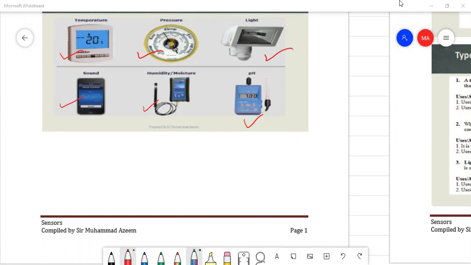Yes, to detect the humidity, or in chemical laboratories, in order to check the level of acidity and basicity of acid and base. So pH sensor is basically used to determine the acidity and basicity level of acids and bases both. Is it clear to all of you?